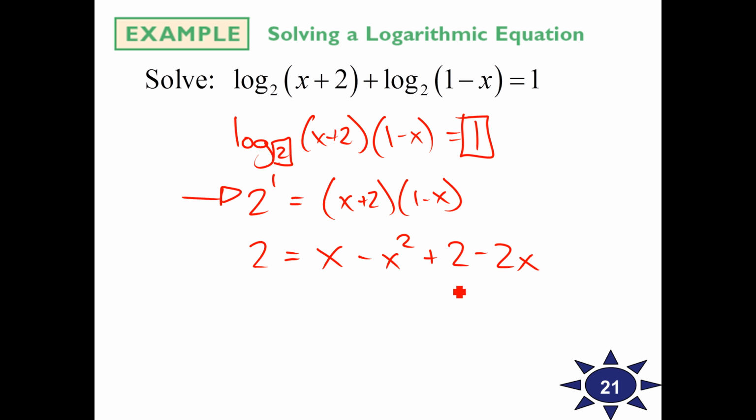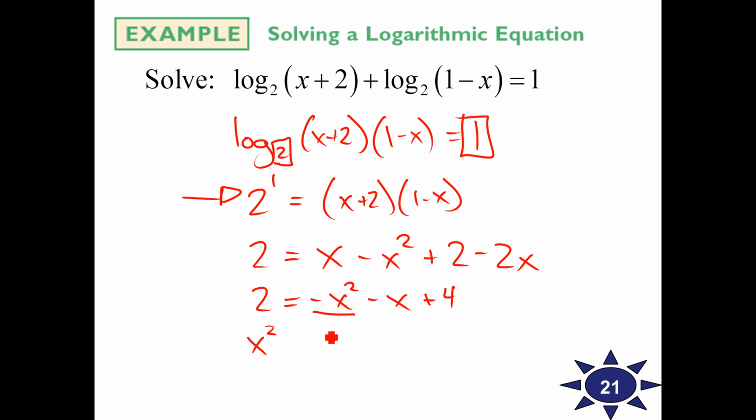And so let's go ahead and put all this together. We've got 2 equals negative x squared, and we've got an x minus a 2x, that's going to be minus an x, and then plus 2 here. And let's bring everything over so that the negative x squared becomes positive.